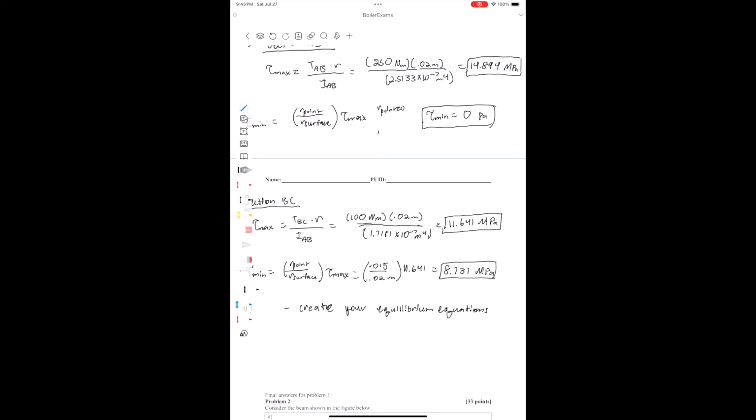And then create your geometric constraint, namely, again, that there is no angle of twist at point C in this rod if you fix the end, and then you can solve for the internal torques from there.